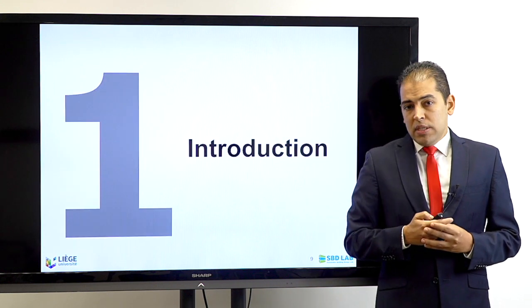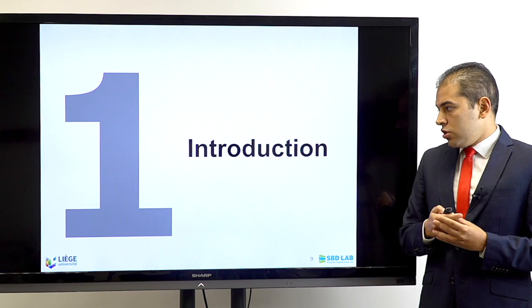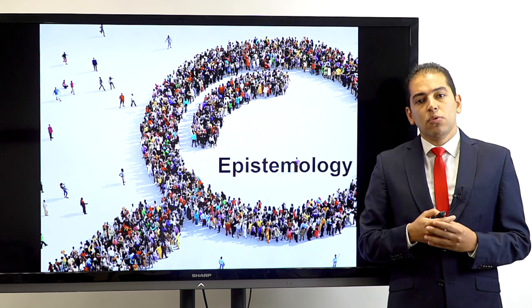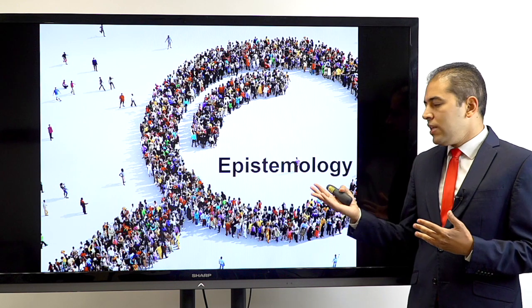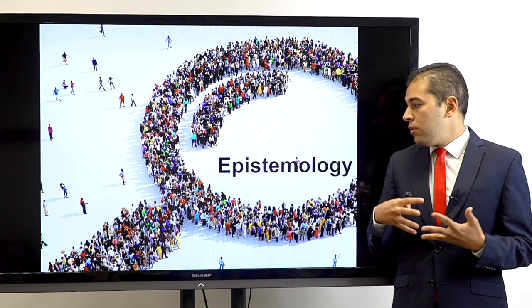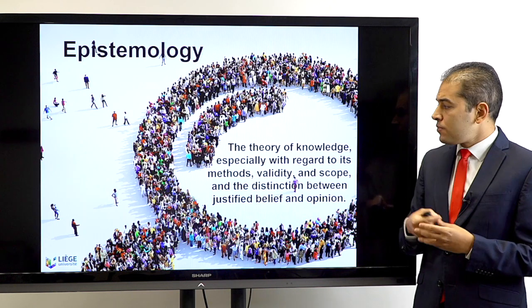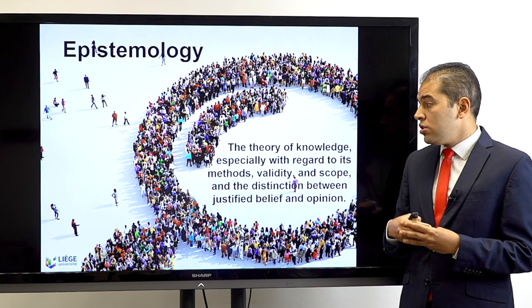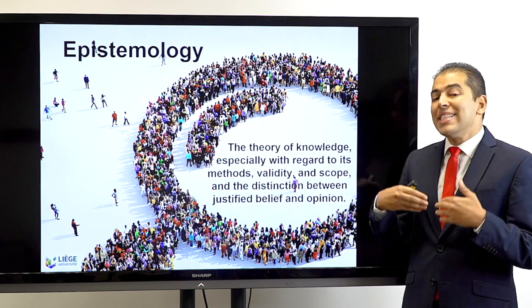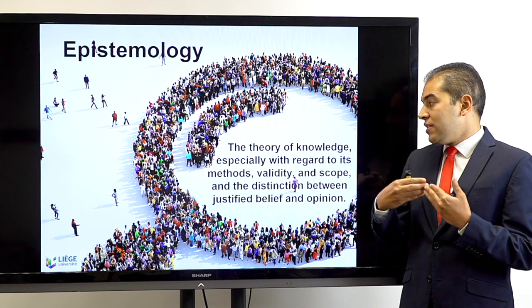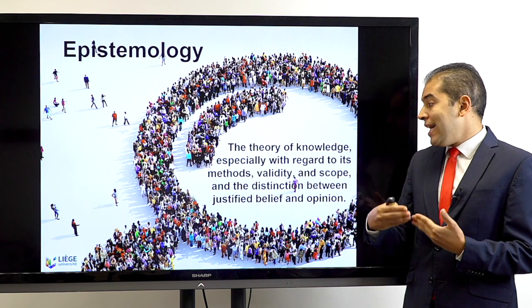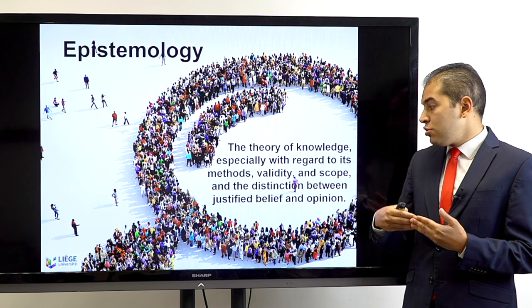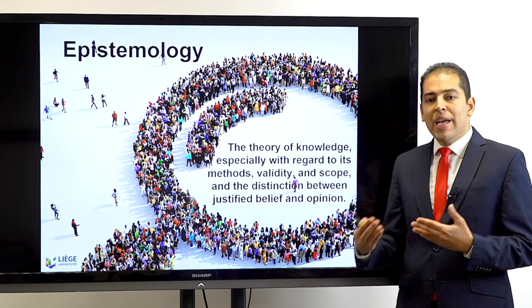Let's start with the introduction. The first thing to take into account when we are starting in the field of research is to be aware of epistemology. What is epistemology? It is the theory of knowledge, especially with regard to its methods, validity, and scope, and the distinction between justified belief and opinion.